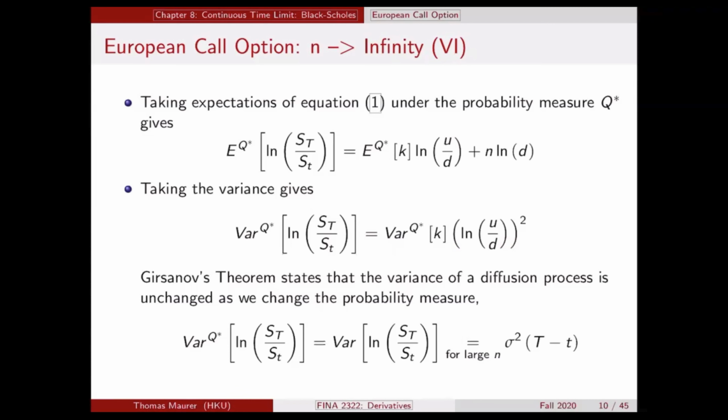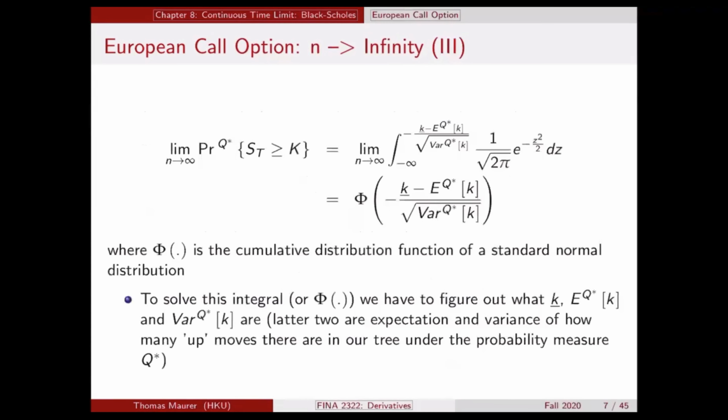And that gives us immediately an expression for the variance of that variable k under the Q star probability measure. It's just going to be this thing divided by that thing over here. And so we can plug that also into this formula.